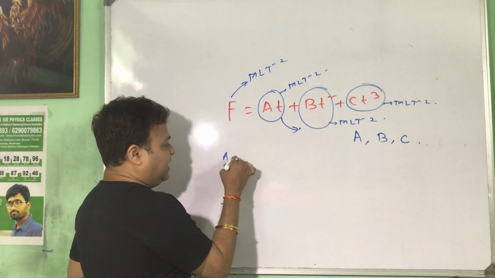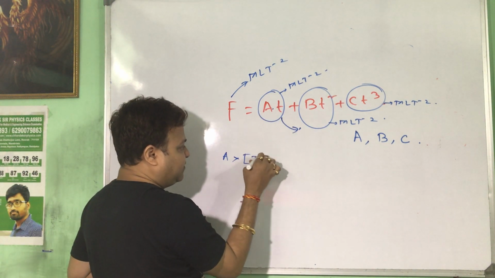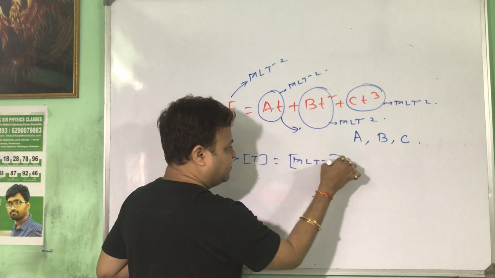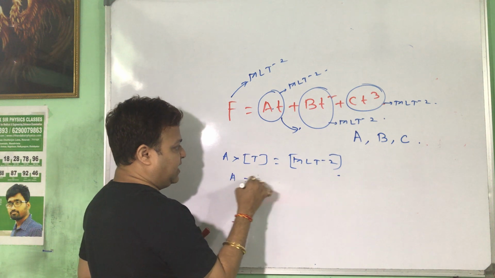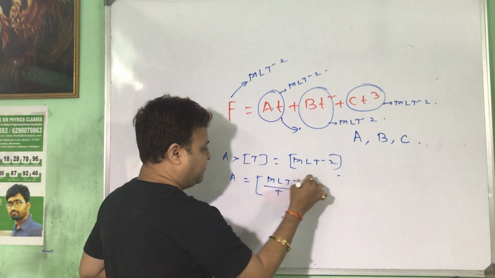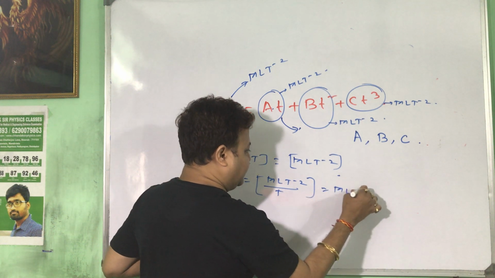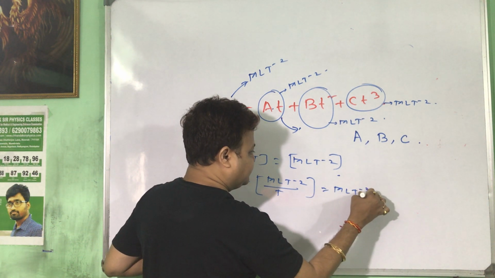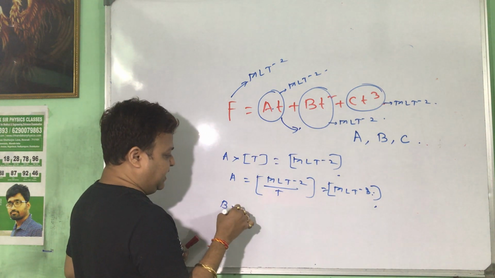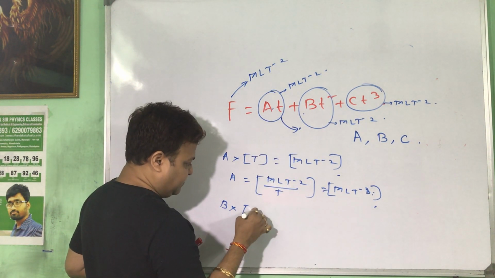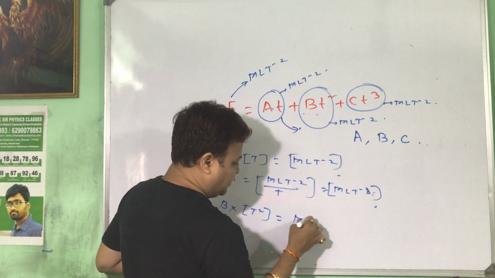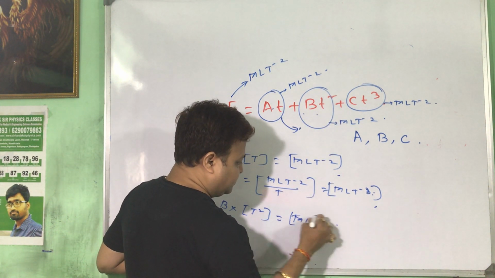So A into dimension of T, T is the time, always in the third bracket, MLT minus 2. So A becomes MLT minus 2 by T, that is MLT minus 3. This one is B into T square, that's equal to dimension of force MLT minus 2.